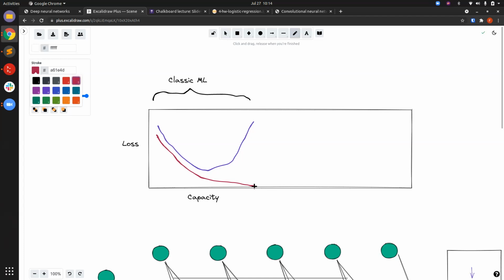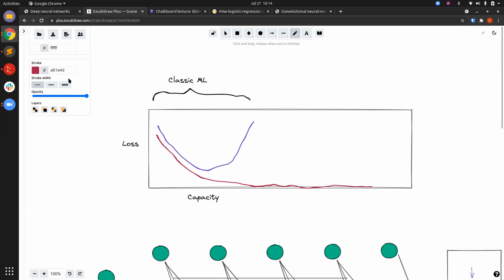We have a complicated model. As we keep increasing the capacity of the model, the training loss stays around 0. The training loss remains very low because our model is complicated enough to fit the training data very exactly.